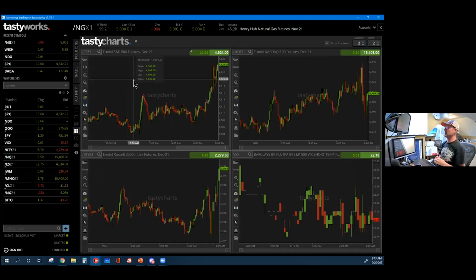Everything is pushing up right now, but the S&P is the one that is pushing the most. So all of our indicators are still bullish. It still looks like a bullish day. It still looks like we're pushing to these highs.